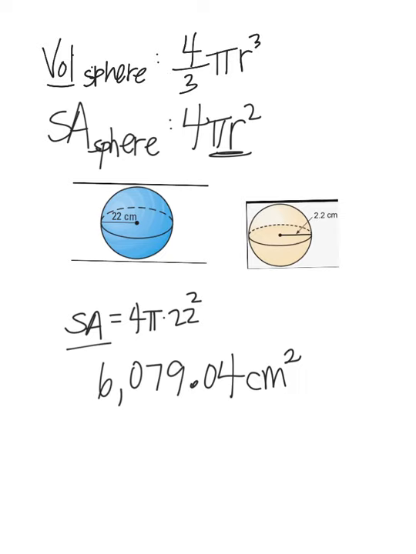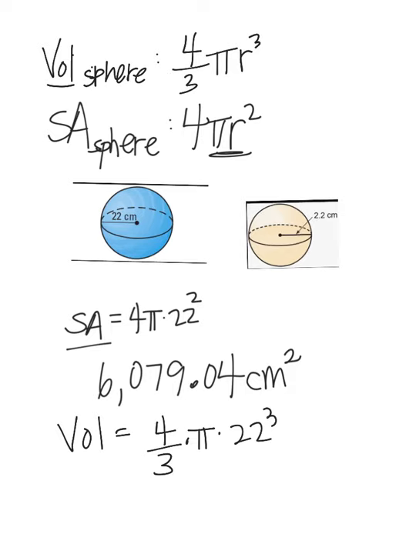So if I'm finding the volume of this blue sphere, I would just plug it into the formula: 4/3 times pi times 22 cubed. A lot of times in years past, the biggest thing with these two formulas is making sure you've got the squared on the surface area and the cubed on the volume.